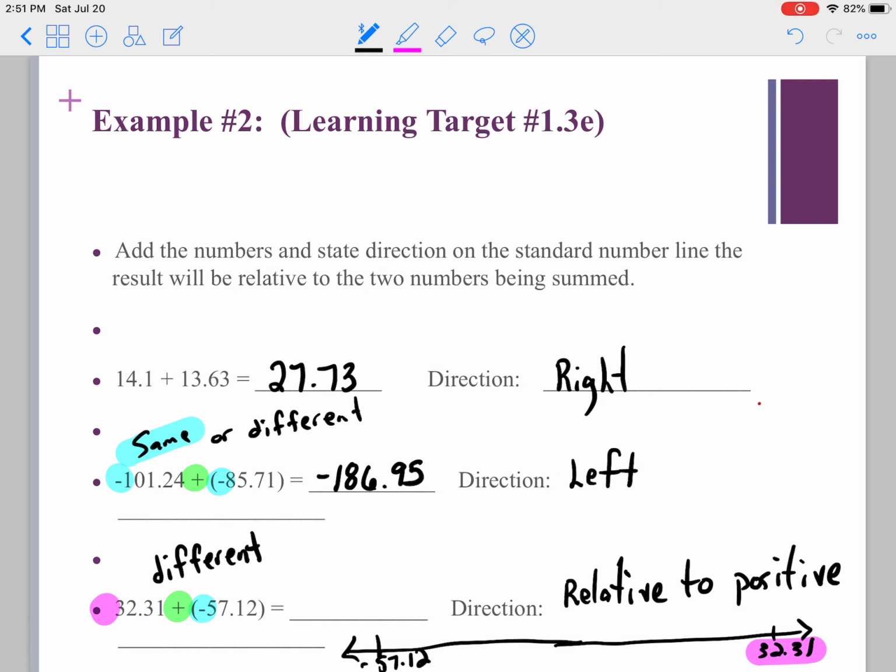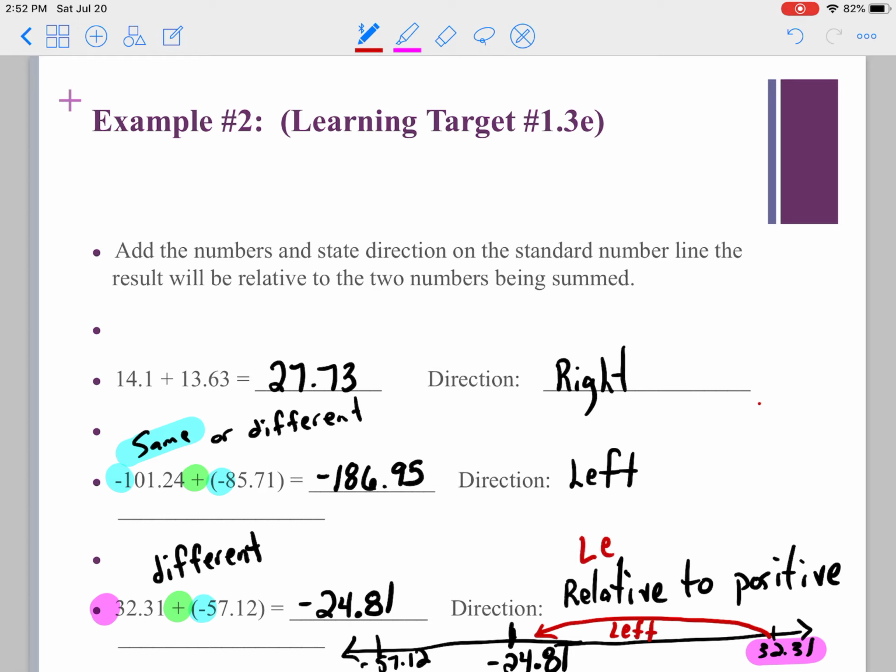So the result of 32.31 plus a negative 57.12 is equal to negative 24.81, which on the standard number line would be between the two. We'll estimate there. And we have moved relative to the positive number to the left.